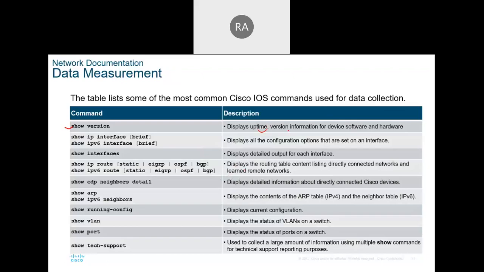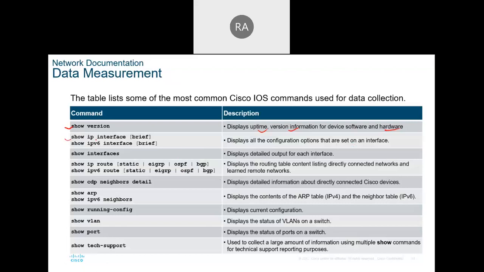I can see the version of the operating system. I can see details about the hardware. So if I want to do documentation about my router, I need to get into the router and issue show version. That command will enable me to capture some information that I can document.